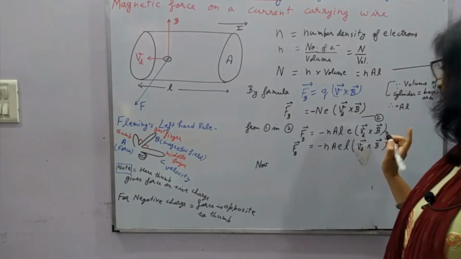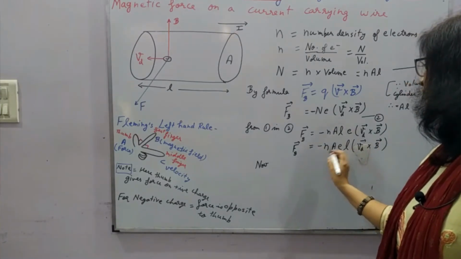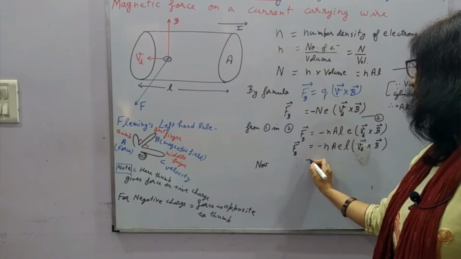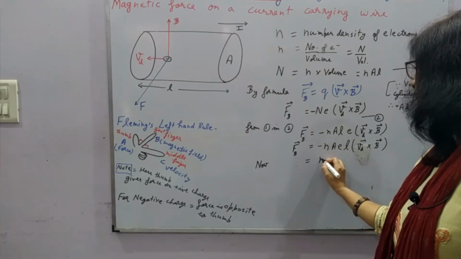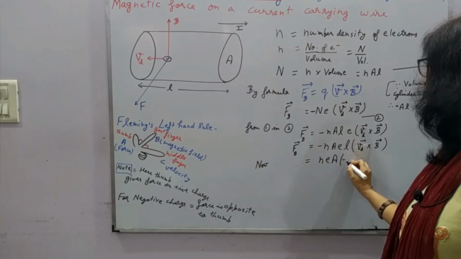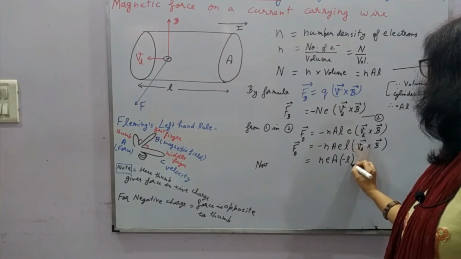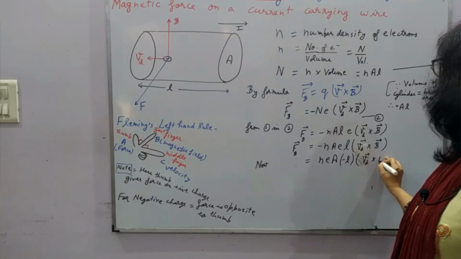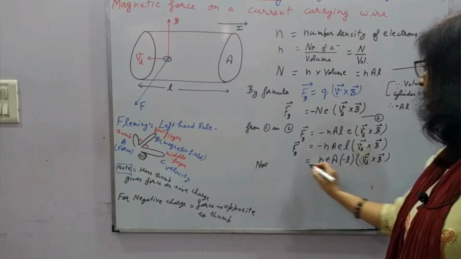So look at this step very clearly. If I rearrange it like this and write N e A multiplied by minus L Vd vector into B vector, there is no problem in this.